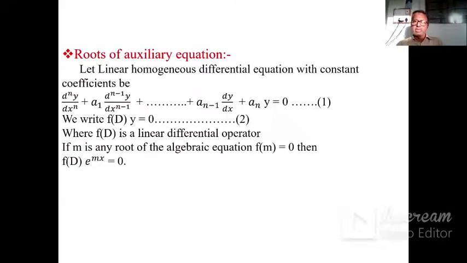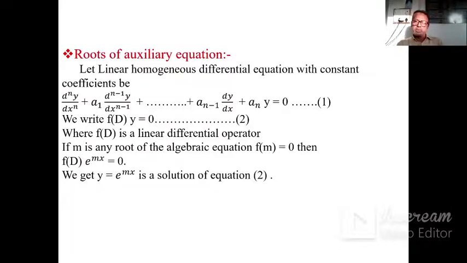If m is any root of this auxiliary equation f(m) equals 0, then we have seen that e to the power mx must satisfy this differential equation too. Therefore, f(D) operating on e to the power mx is equal to 0, so y equals e to the power mx is the solution of equation 2.